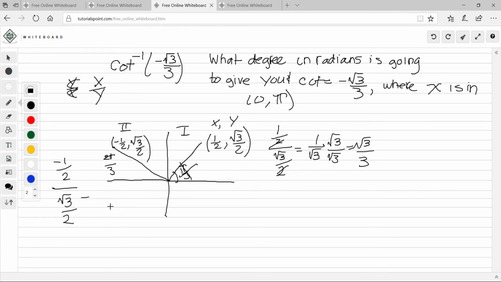And this will give you negative root 3 over 3. So this works. So our radians should be 2 pi over 3. Okay, so that was cotangent inverse.